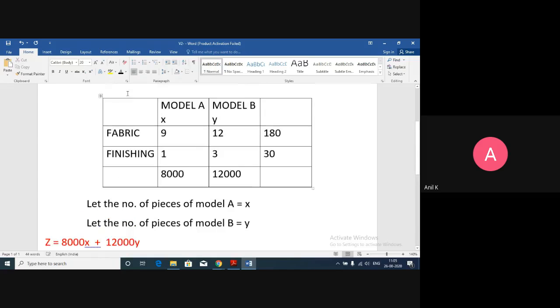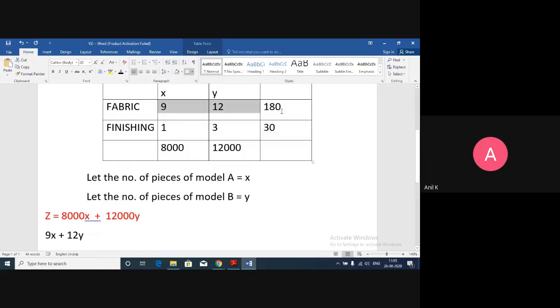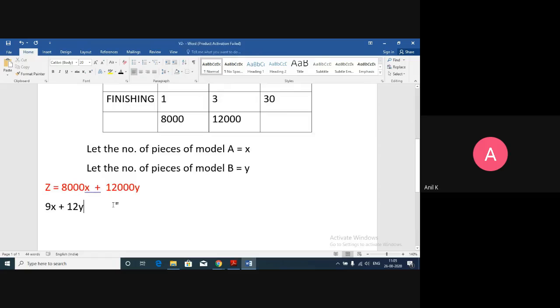Because one piece of model B takes 12 hours for fabricating, and I am making Y pieces, so 12 into Y. The total hours of fabricating of model A and model B can be at most 180 hours. That many hours we have, so it can be less than or equal to 180. I can call this equation number 1.